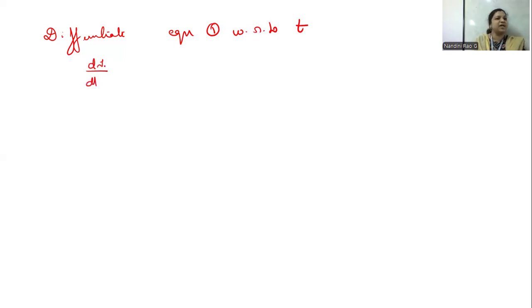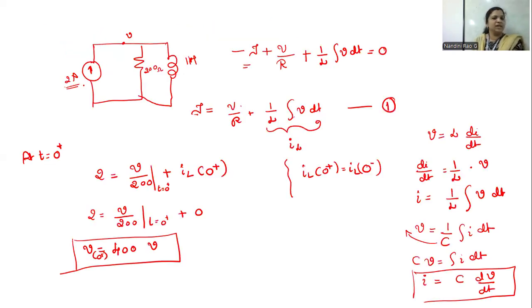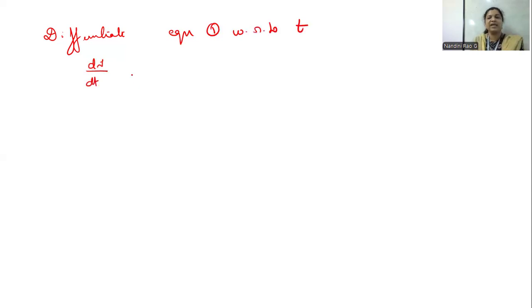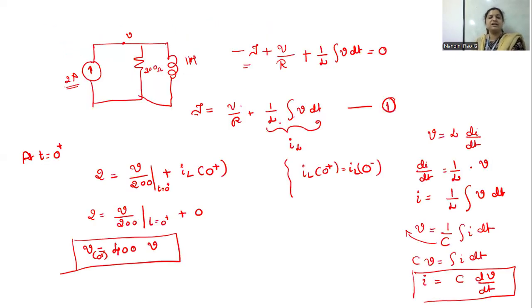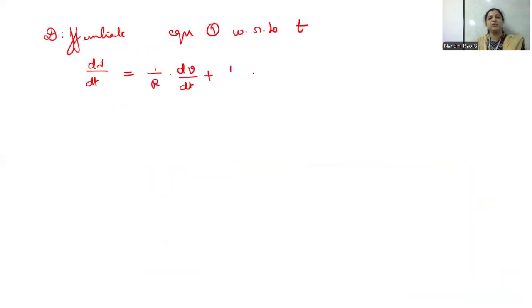I am not writing a small letter because this capital I was already given. Next one was V by R, so I will do 1 by R dV by dt, plus the differentiation of the integration, which is 1 by L into V.